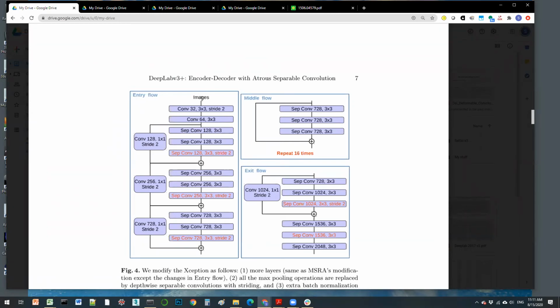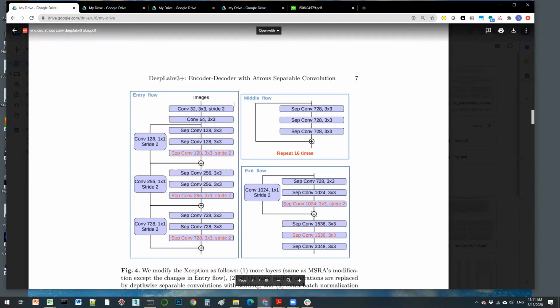You take the images, you do the 3x3 stride 2, convolve 64 3x3, and feed forward. So you go through these regular convolutions at the beginning, and then you begin to do the depthwise separable convolutions. And so this is your entry flow.